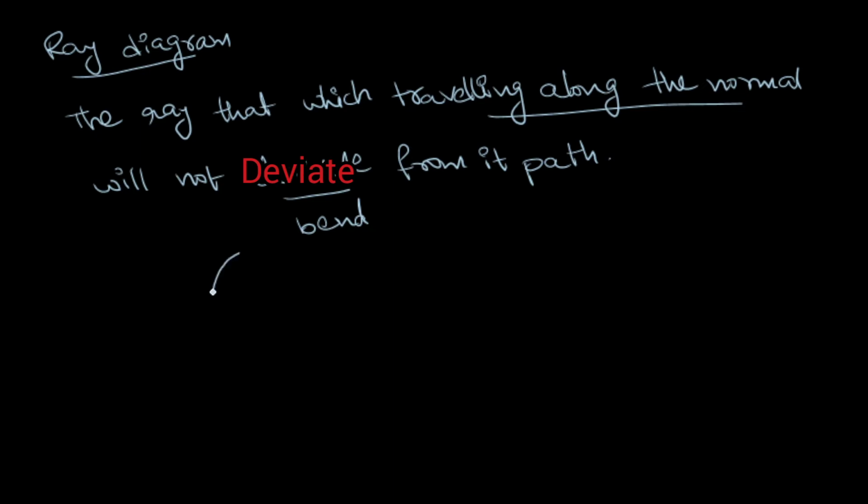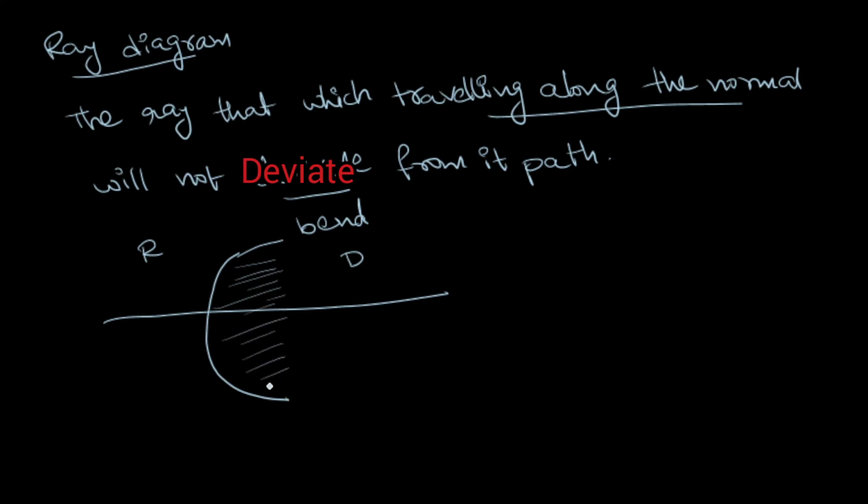For example, I am taking a convex surface. This is the convex surface, and on this side I have the rarer medium, and on this side I have the denser medium. The refractive index of the rarer medium I am taking as n1, and the refractive index for the denser medium I am taking as n2. And this is the pole, this is the center of curvature for this curved surface.